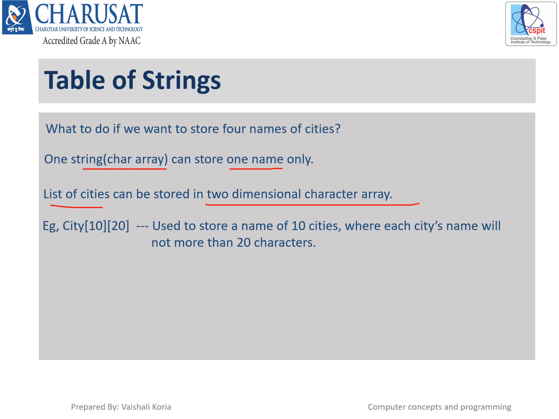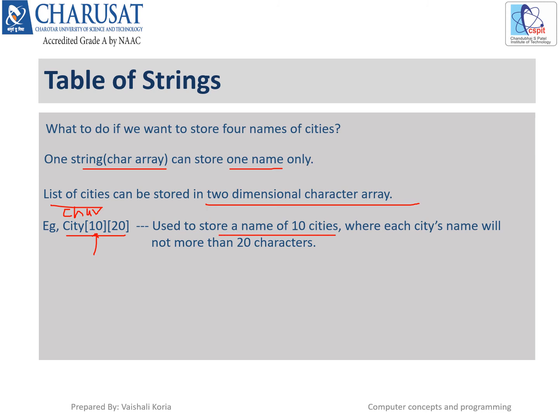Here the example is given: char city[10][20]. The data type of this is character. So what does it mean? Here city is the name of the array, and 10 is the size of the first dimension. What does this 10 mean? It is used to store the names of 10 cities.